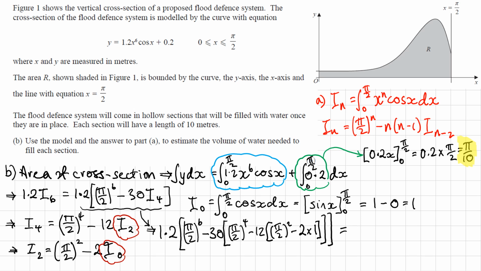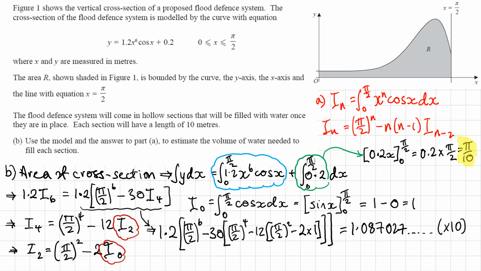Okay, so this gives us 1.08707 and so on. So this is the area of the cross section. What we need to do is to estimate the volume. So we'll need to times this by 10 to get the volume.